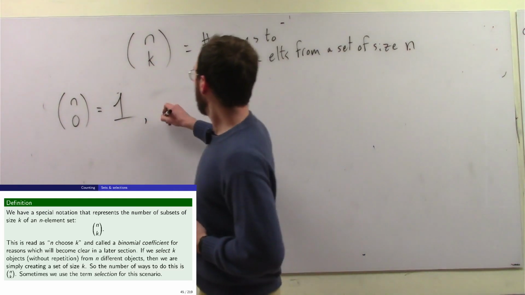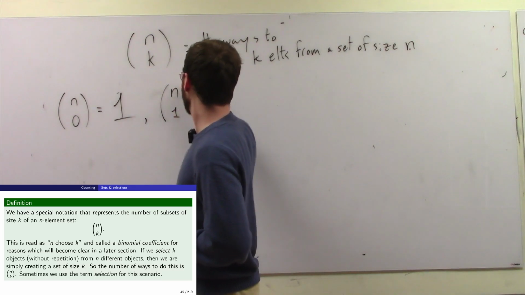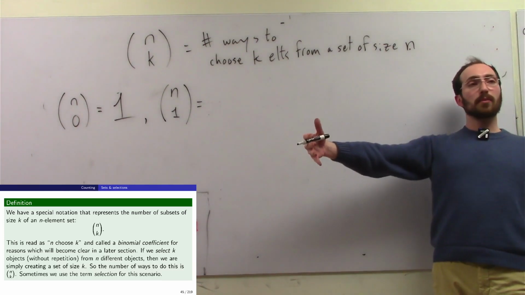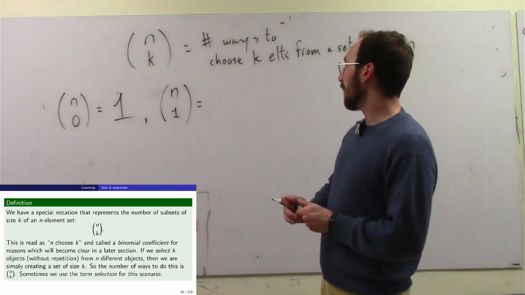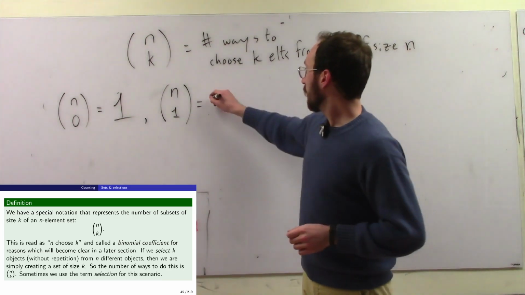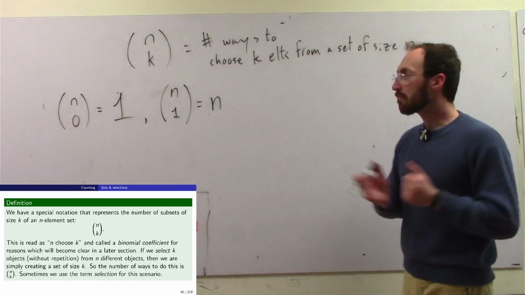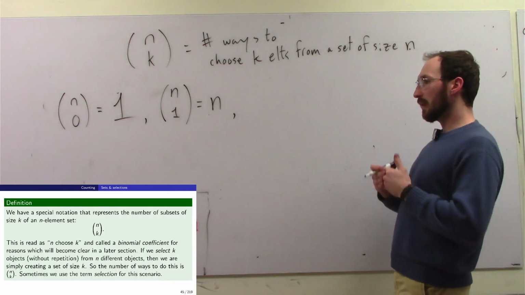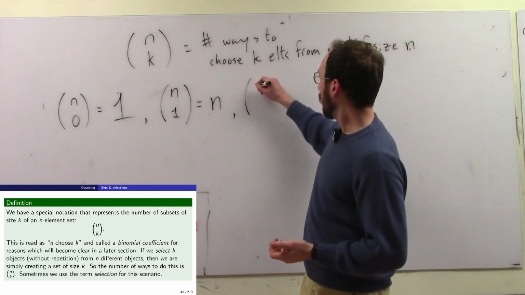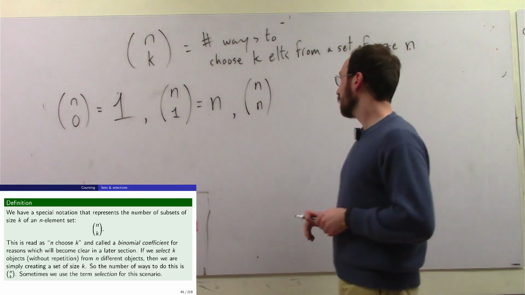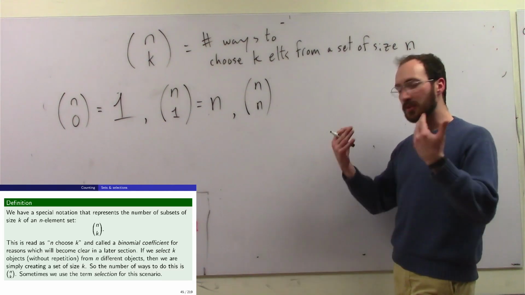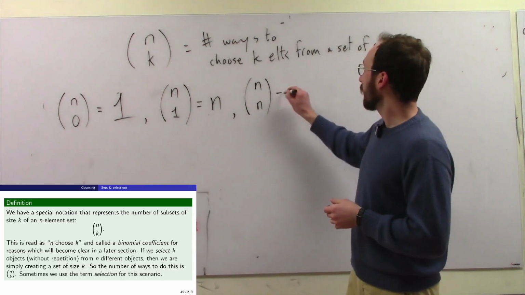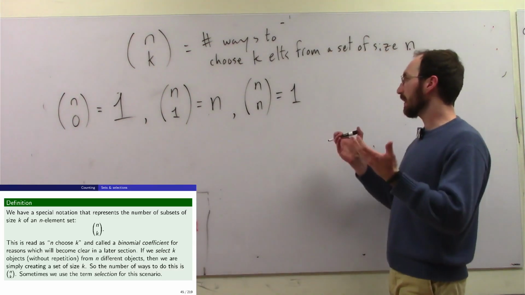Let's see. How about n choose 1? I am just going to, from my pool of n objects, grab exactly one of them. There are just n ways to do it. Now let's look at the other extremes. Say I want to choose n objects from my n-element set. I'm going to pick everything in this case. So again, I get 1 here.